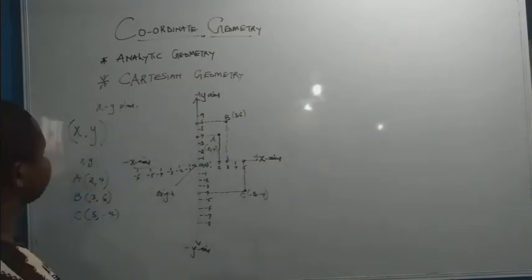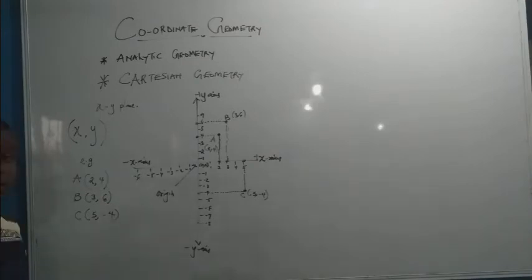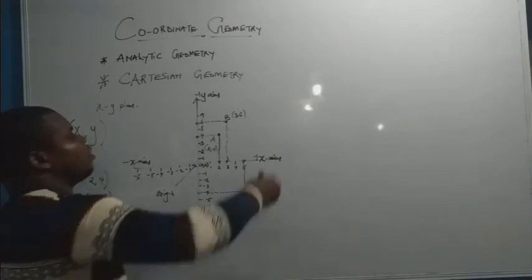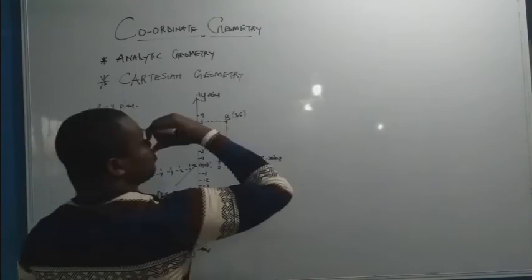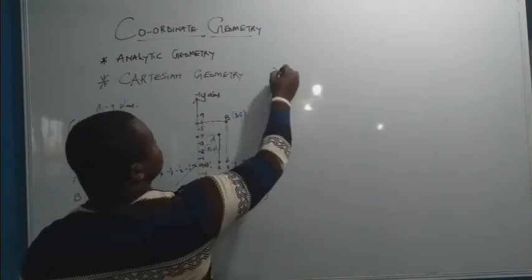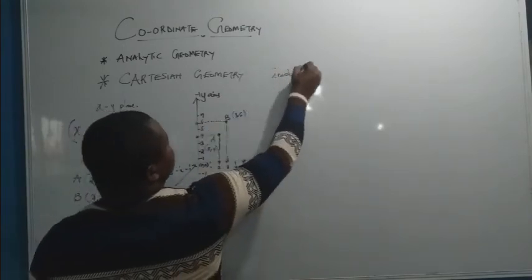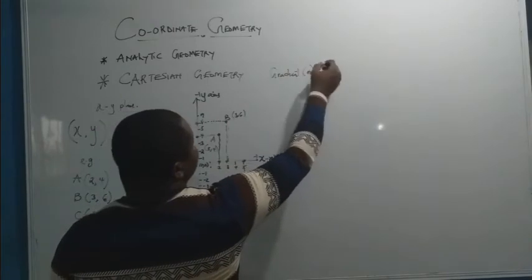Okay, so the next aspect is how to calculate the gradient. If you are given 2 points, how to calculate the gradient or slope. So the formula for gradient is this. Gradient also means slope.